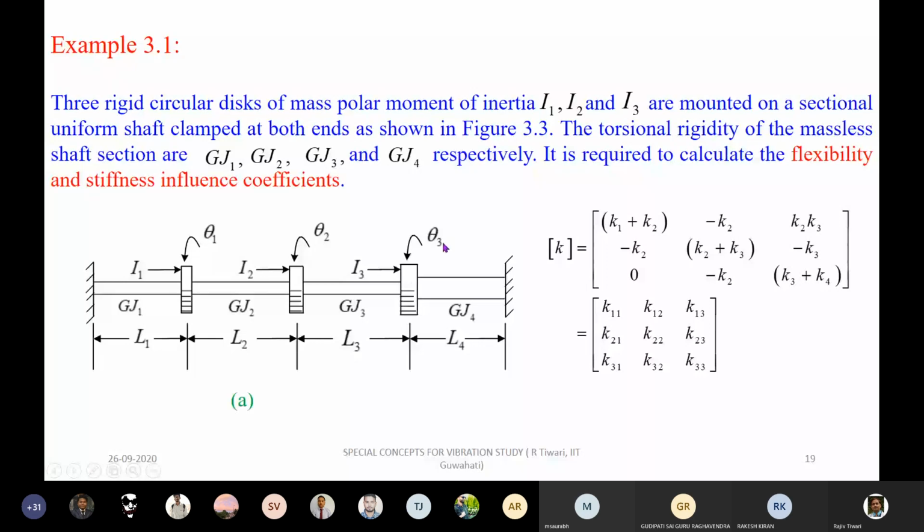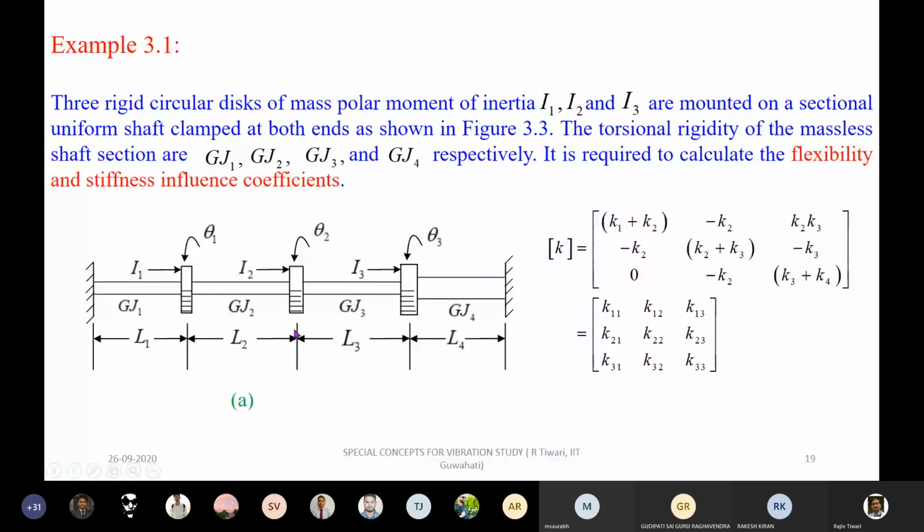Because we are dealing with the torsion case, the corresponding elastic properties G and J will come into the picture, and I'll define the torsional stiffness using these parameters. With the background you have, you can write the kinetic energy and potential energy of the system.